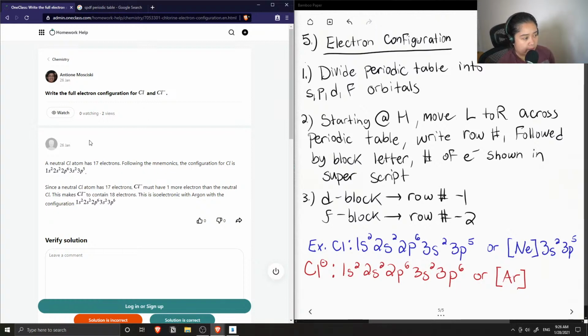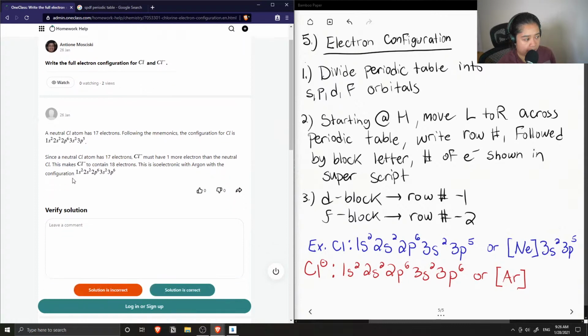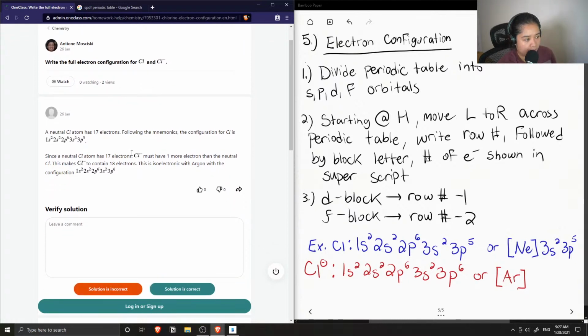So the junior tutor said that a neutral chlorine atom has 17 electrons, and following the mnemonics, the configuration for chlorine is 1s2, 2s2, 2p6, 3s2, 3p5. So Cl- must have one more electron than the neutral chlorine, so this makes it have 18.